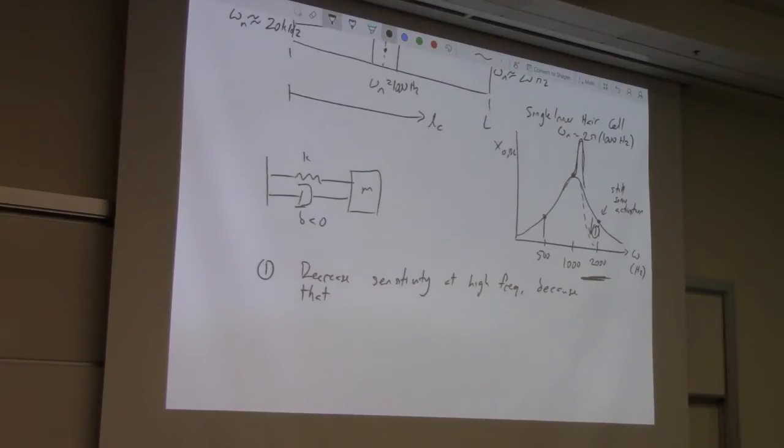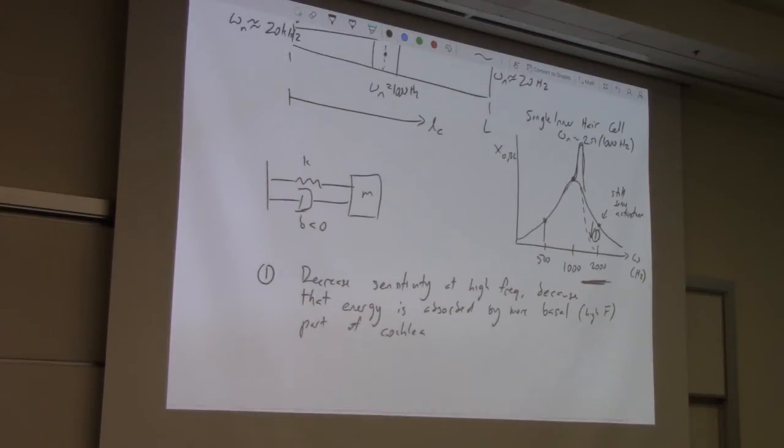So that energy doesn't even reach this part of the cochlea. It doesn't even reach this hair cell. So it's absorbed by the more basal ones, closer to the base of the membrane, closer to the oval window. So that's the high frequency part of the cochlea. Okay, so that's one effect.